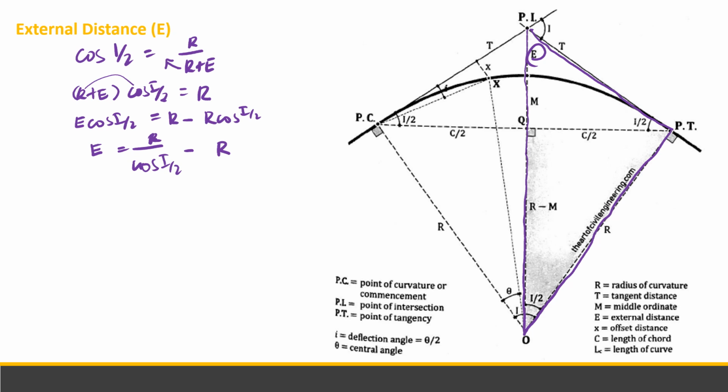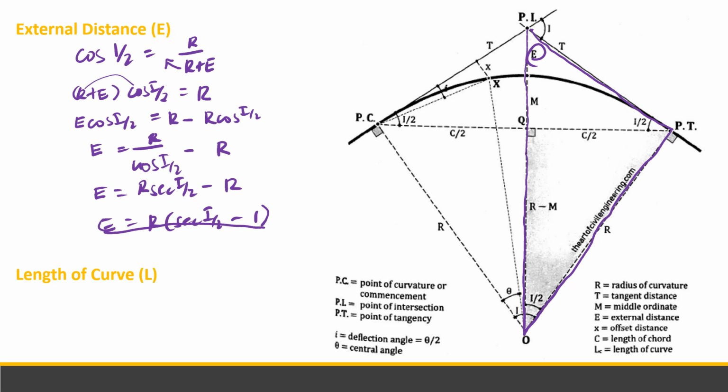So, inverse of cosine is secant. So magiging R secant I over 2 minus R. So factoring out yung R, E is R times secant I over 2 minus 1. So yan yung formula ng external distance.